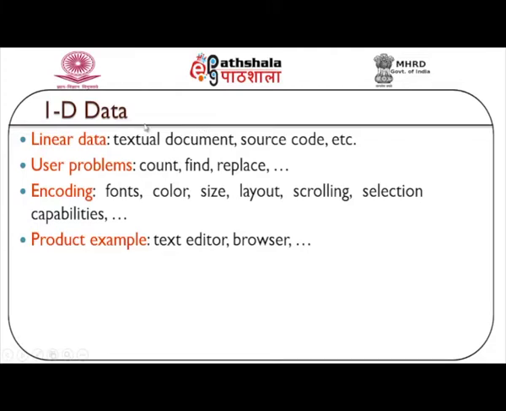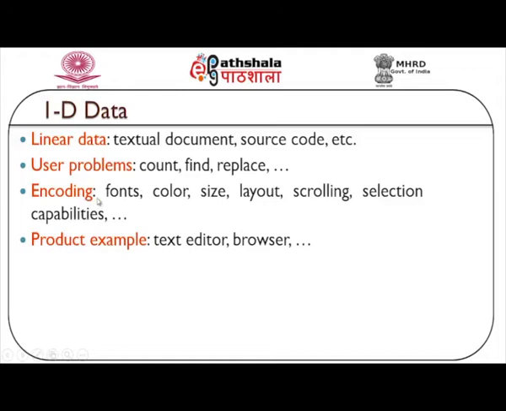For the one-dimensional data set, usually the data set is linear data. Examples are textual documents, source code, etc., which are linear in nature. The user problems associated with this one-dimensional data are that users are supposed to find something, replace something, or count certain information or certain variables within the document or within the linear data.